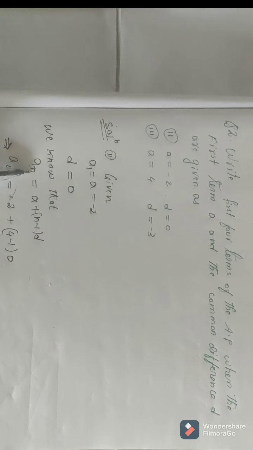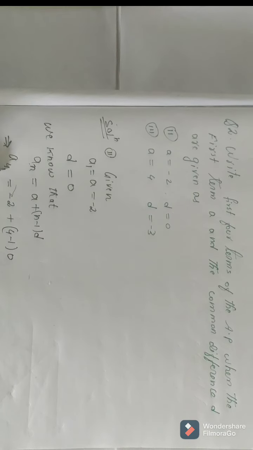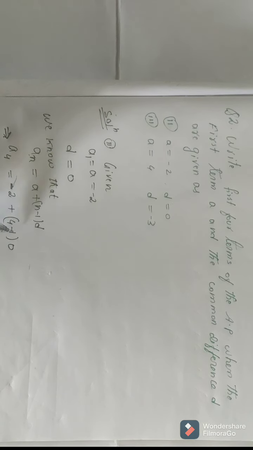That is why we have to put here 4 instead of n. A is already given, it is -2. A is -2 plus n means 4 minus 1 is already there. So D equal to how much? Already given, D equal to 0.